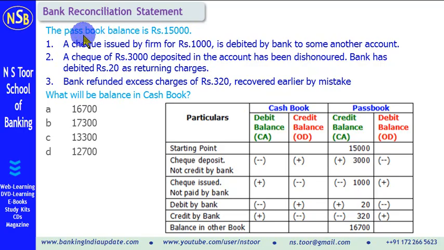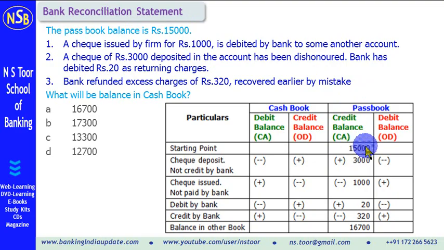If passbook has overdraft balance, if something like this is written, then we start from here. So here it simply says passbook balance is this much. So the practice is, it is treated as a current account. So passbook credit balance, this is the starting point.